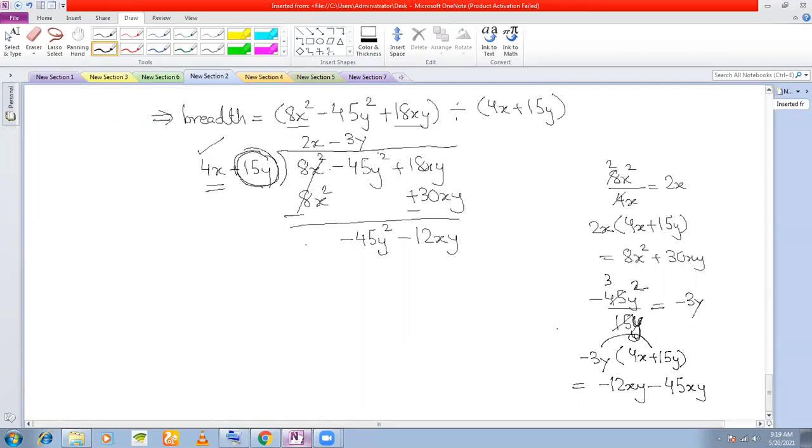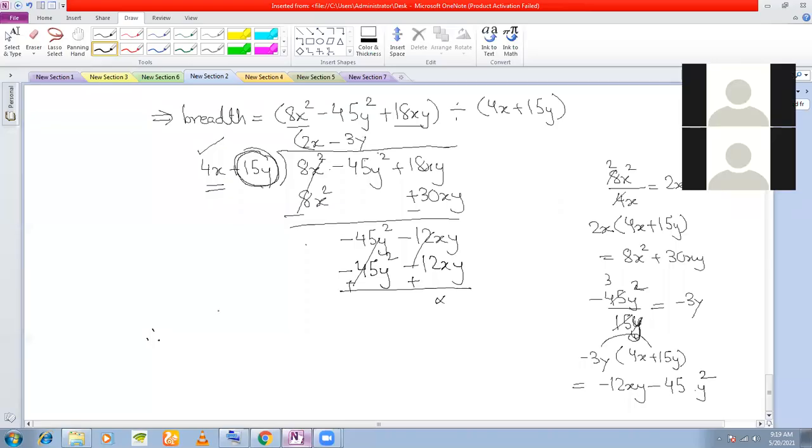Right? Sorry, 45y square, not xy. 45y square you'll get. So you write minus 45y square below 45y square, and you write minus 12xy below minus 12xy. Both cancel. So therefore, what do you get?